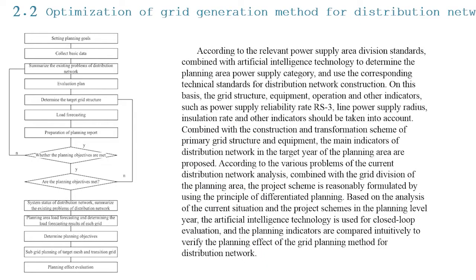The optimization of the grid planning process of the distribution network is shown in the figure. According to the relevant power supply area division standards, combined with artificial intelligence technology to determine the planning area power supply category, and use the corresponding technical standards for distribution network construction.